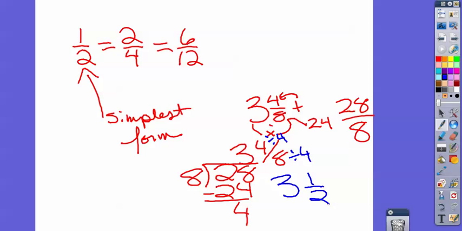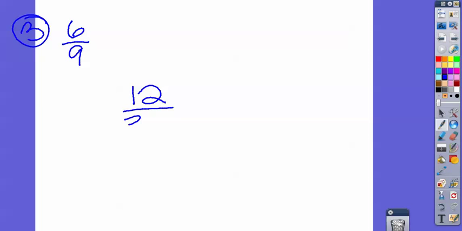All right, guys, so your homework tonight is I'd like you to give me 3 equivalent fractions for 6/9. I'd like you to simplify 12/36.